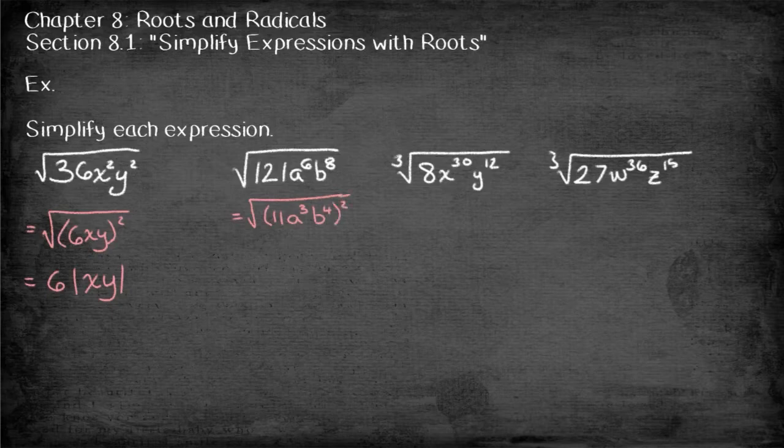This expression under the radical is also a perfect square. So when we simplify it after writing it as a square, we're going to get 11 a cubed b to the fourth. The a needs to be surrounded with absolute values because we're using an even index root. We could put them around b also, but b is being raised to the fourth power, so it will always be non-negative.